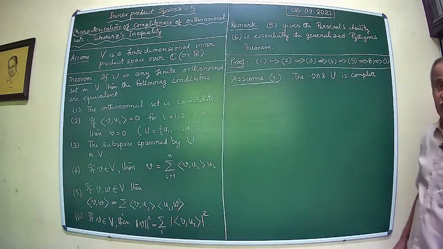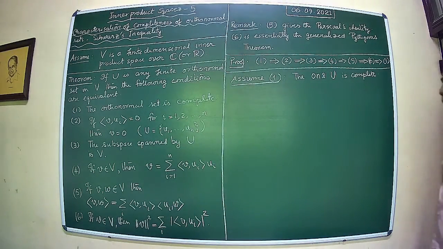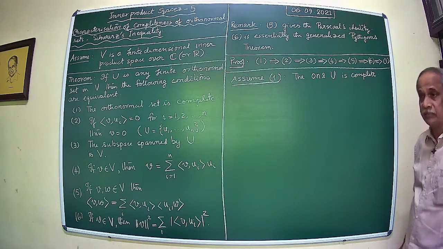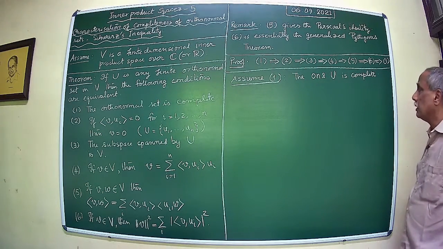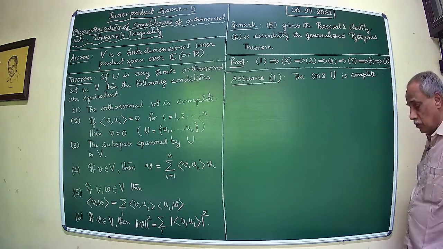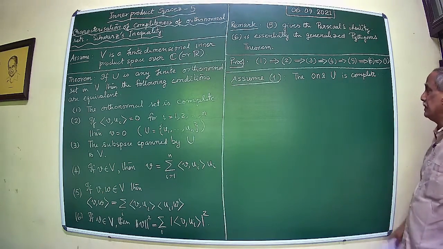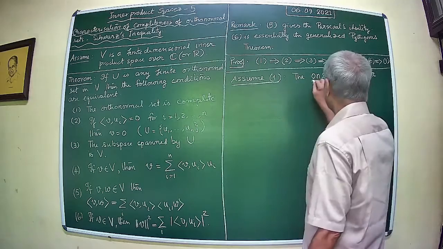There are several complete orthonormal sets possible in an inner product space. So what we say is that this is a complete orthonormal set.